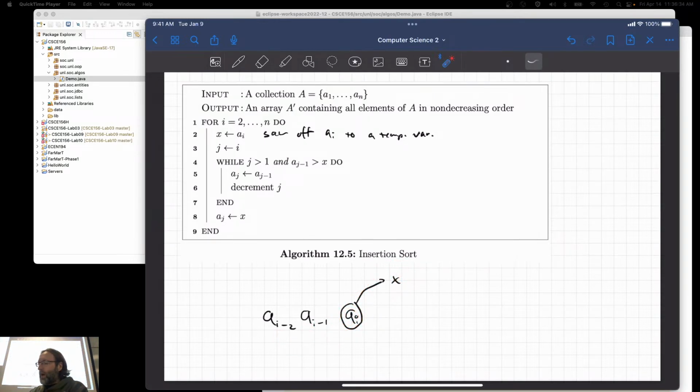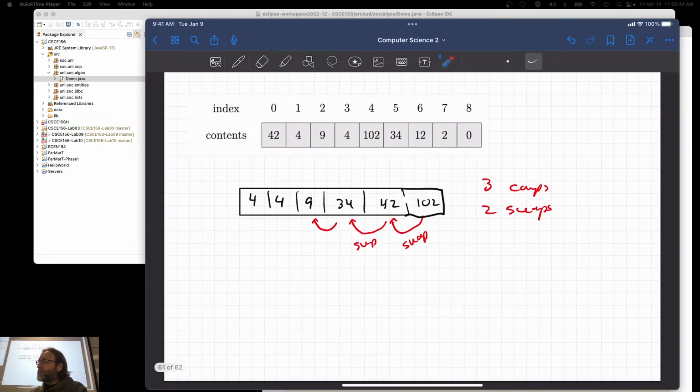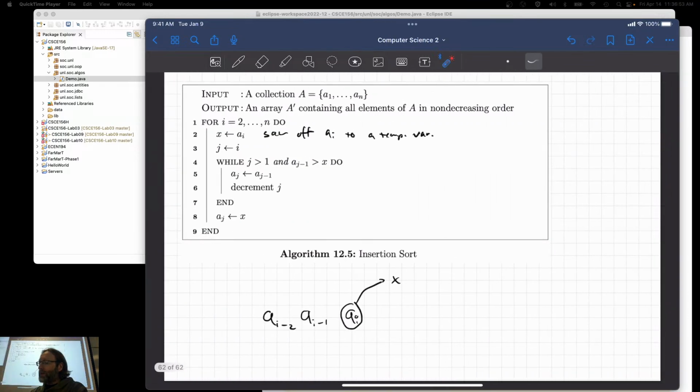I have then j here. j is going to run from i minus 1, or the one previous, excuse me, and then it's going to go down, down, down. What happens if we go all the way to the beginning here? Should I keep going past 0? No. That's why I've got this check right here. And again, this is 1 indexed.